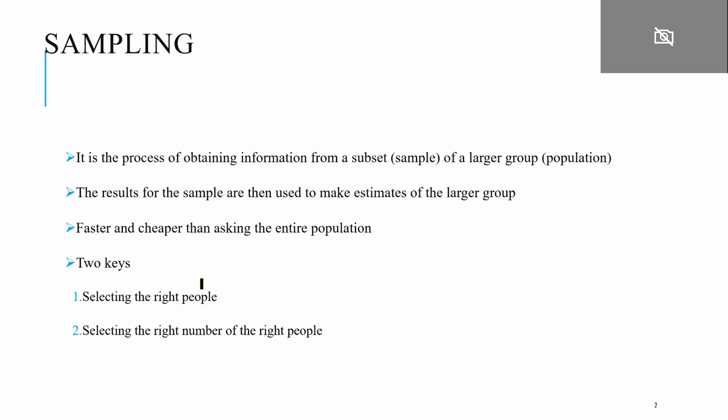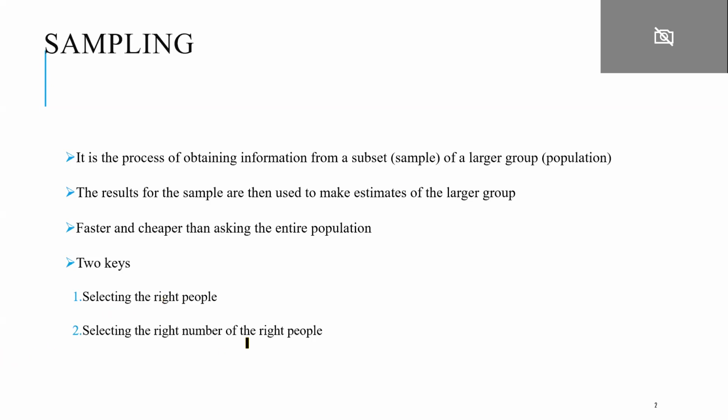It should be kept in mind that individuals below 18 years are considered adolescents. So in your sampling, you cannot consider individuals who are above 18 years. So one of the key things a researcher should keep in mind is selecting the right people.